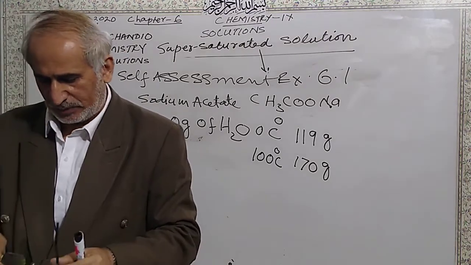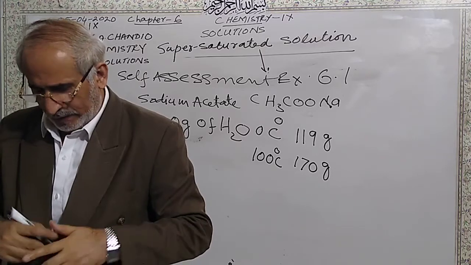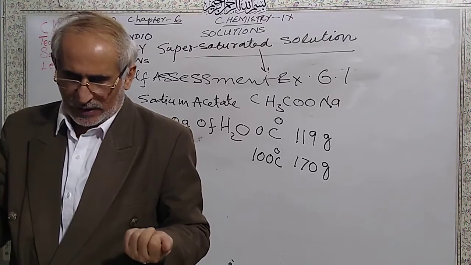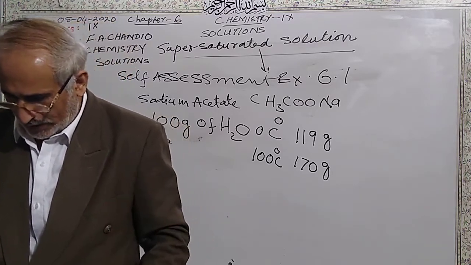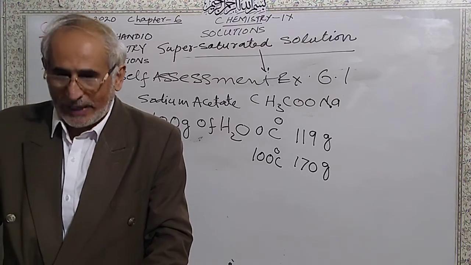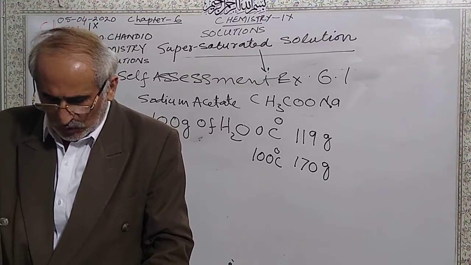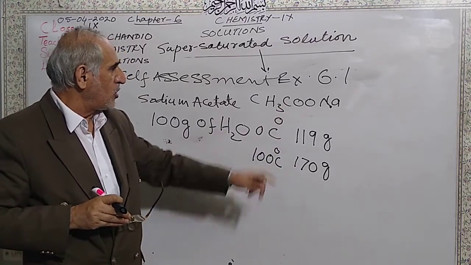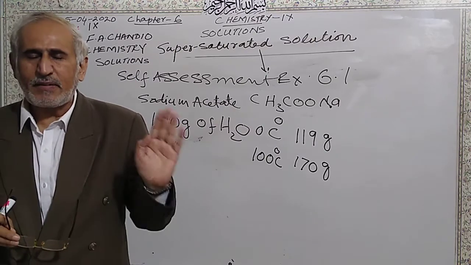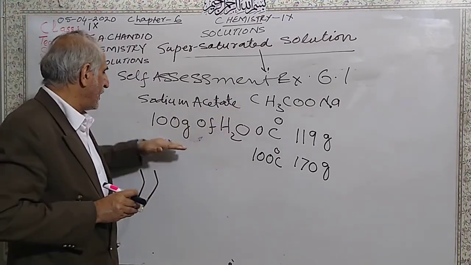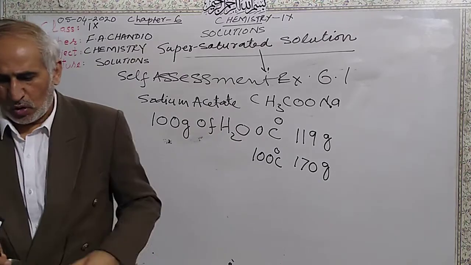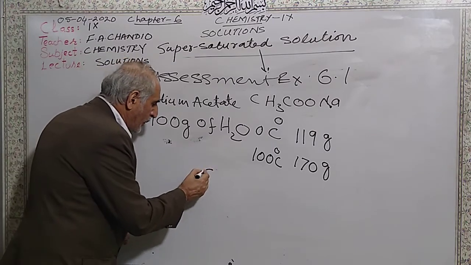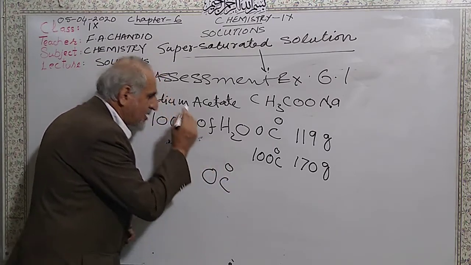Now the questions he asked. Question number A. When you see my lecture, please open the book and give the answers yourself, and I am also explaining what the answers to these questions are. Question A: if you add 170 grams of sodium acetate in 100 grams of water, but the temperature, he says, is 0 degrees Celsius.